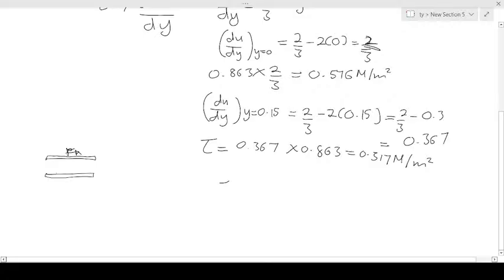I think this plate is subject to motion, whether in this direction or in this direction. So we have two plates, and it says the distance between them is 0.025 millimeters. So we can say that this is the dy, the change in the distance between them.